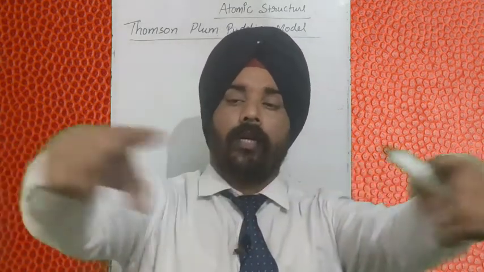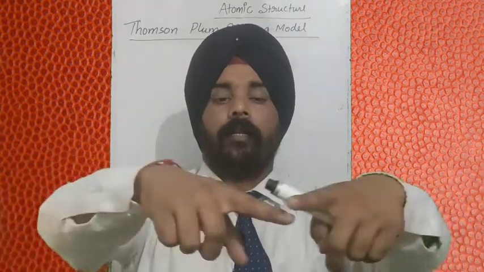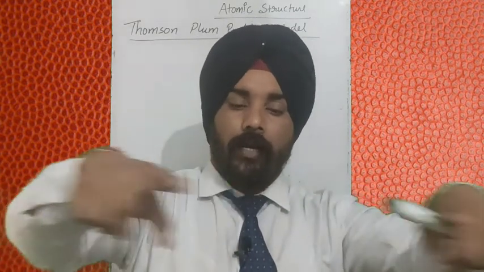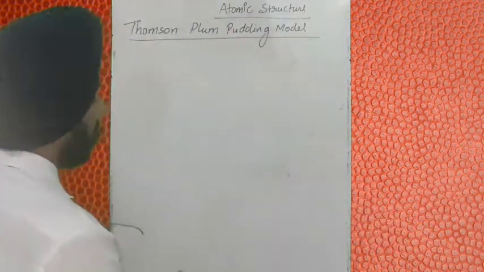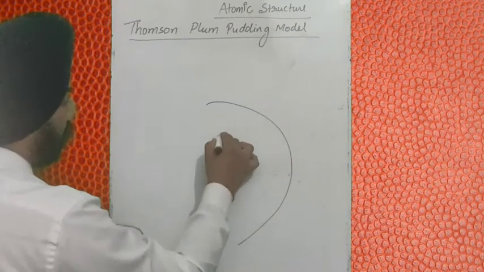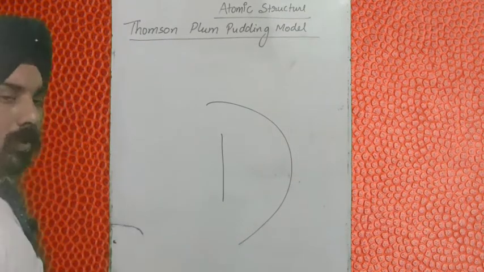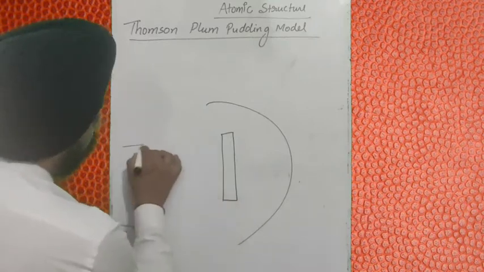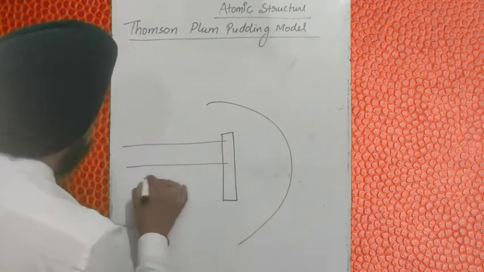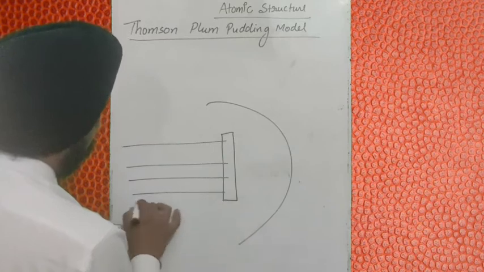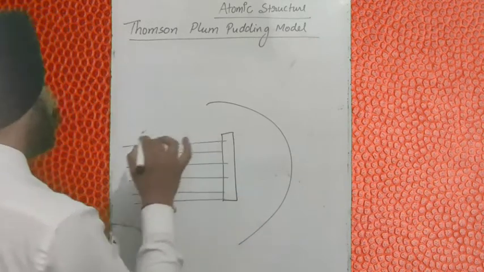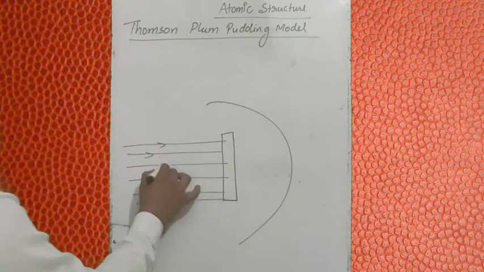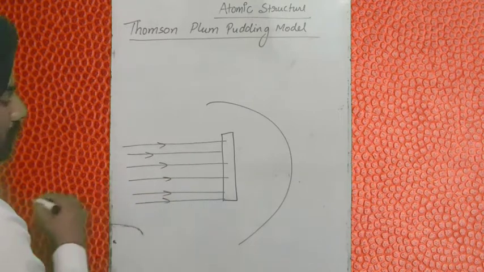He installed a screen in circular form, and here he put the gold foil, and this gold foil was bombarded with a number of alpha particles.